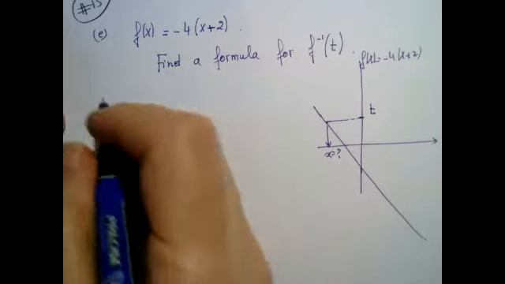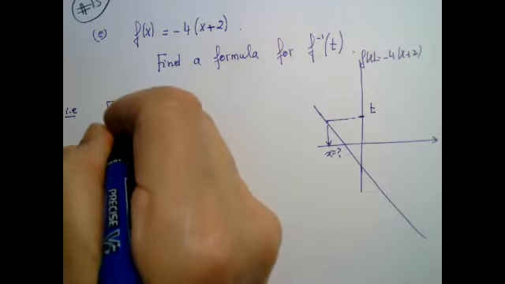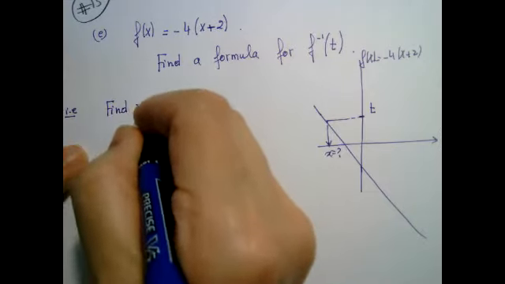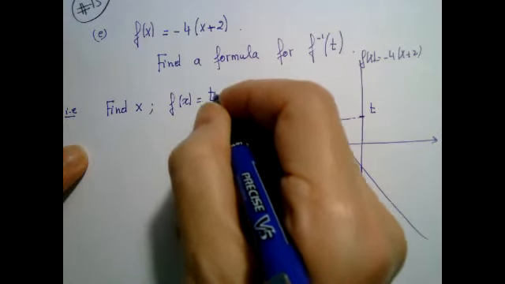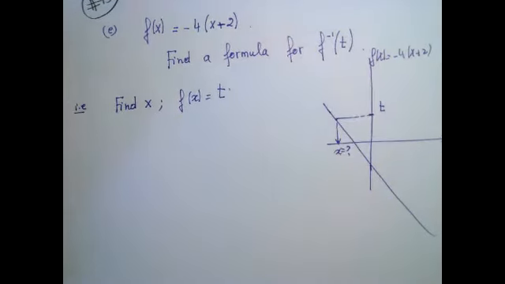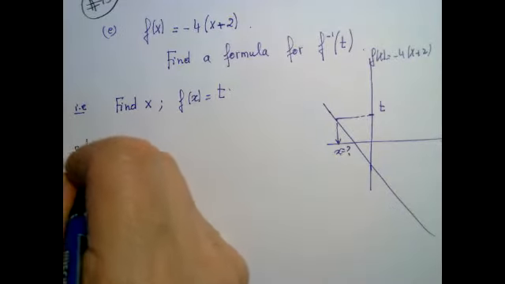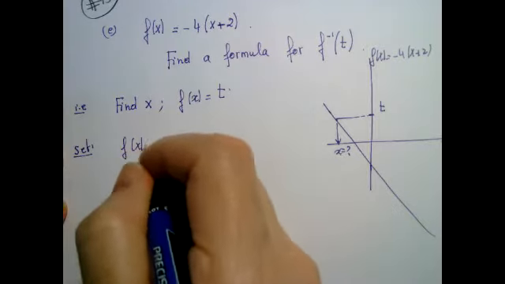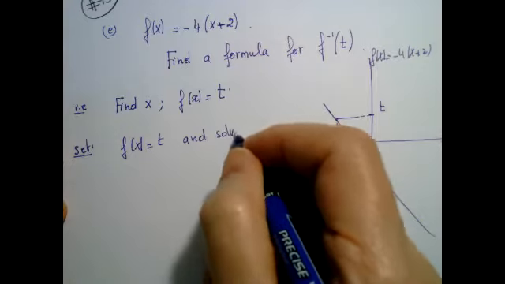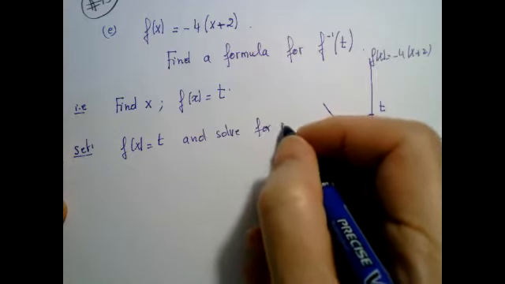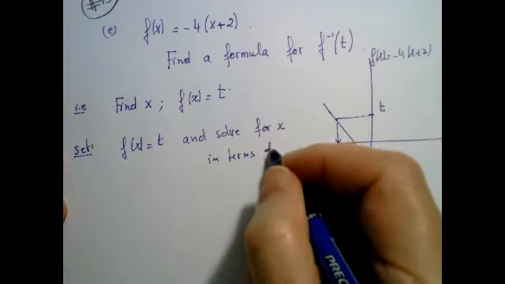Finding a formula for f inverse of t means find x such that f of x equals t. To do that, we set f of x equal to t and solve for x in terms of t.